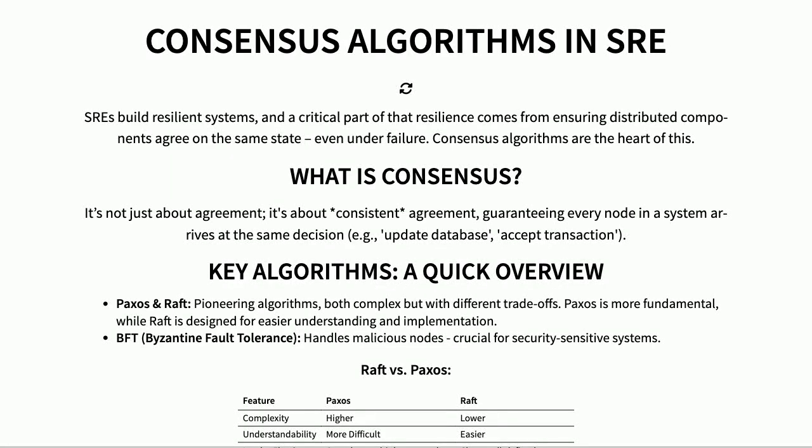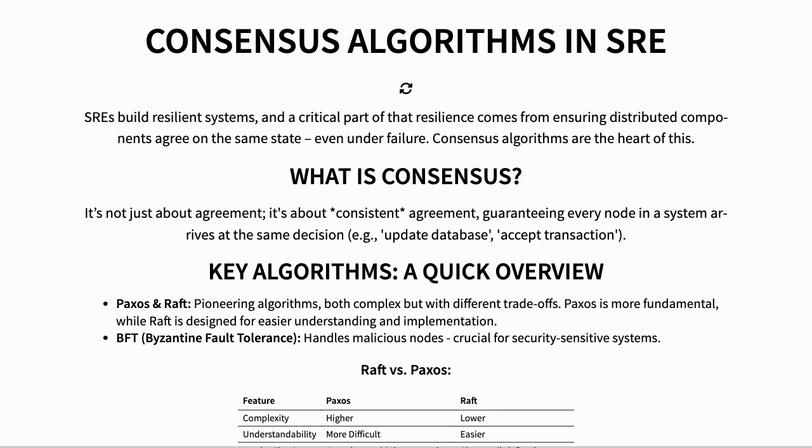Okay, so let's talk about how SRE makes sure all the parts of a distributed system agree on what's happening. That's where consensus algorithms come in. Basically, it's like making sure everyone is on the same page even if some computers are broken or acting up. Paxos and Raft are two really important algorithms that help with this. Paxos is a foundational algorithm, but it can be tricky to understand.